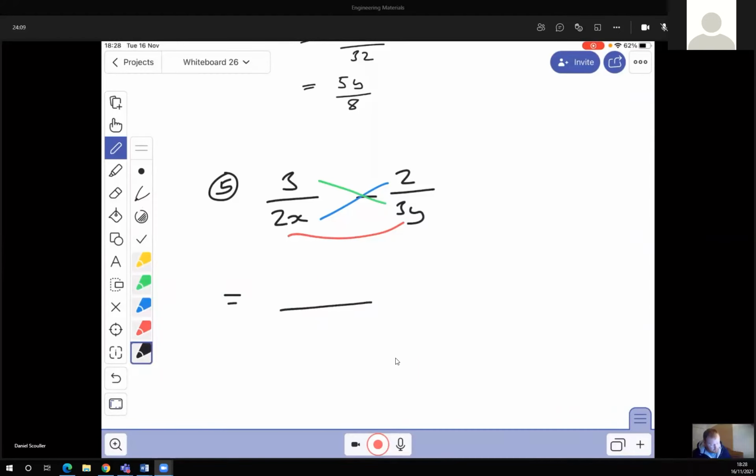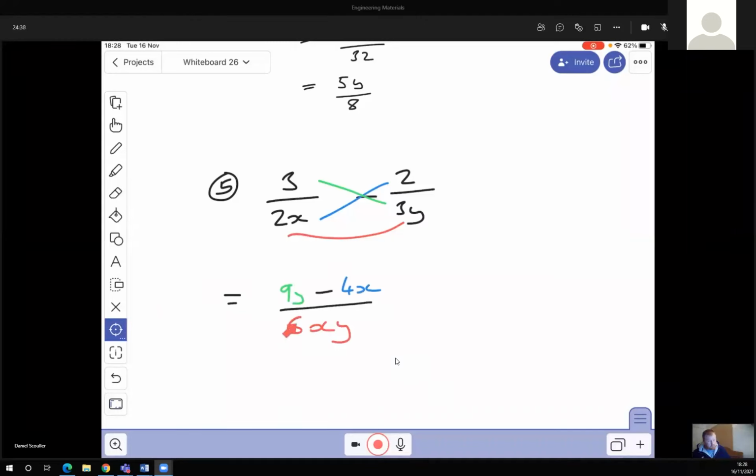The bottom term is 6xy, the top term is going to be 9y, and that's going to be minus 4x. Again, that's as simple as it goes, so we can't take that any further, because these are unlike terms.